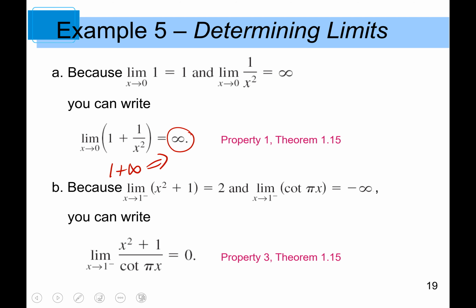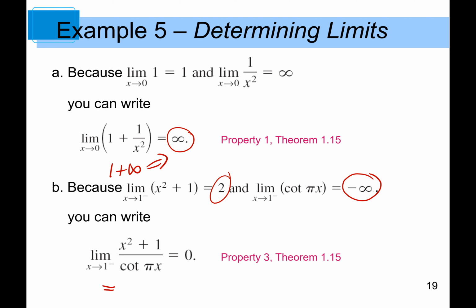Because the limit as x approaches 1 from the left of the function x squared plus 1 equals 2, and the limit of cotangent of pi x as x approaches 1 from the left equals negative infinity. Then you can write the limit as x approaches 1 from the left of (x squared plus 1) over cotangent of pi x.